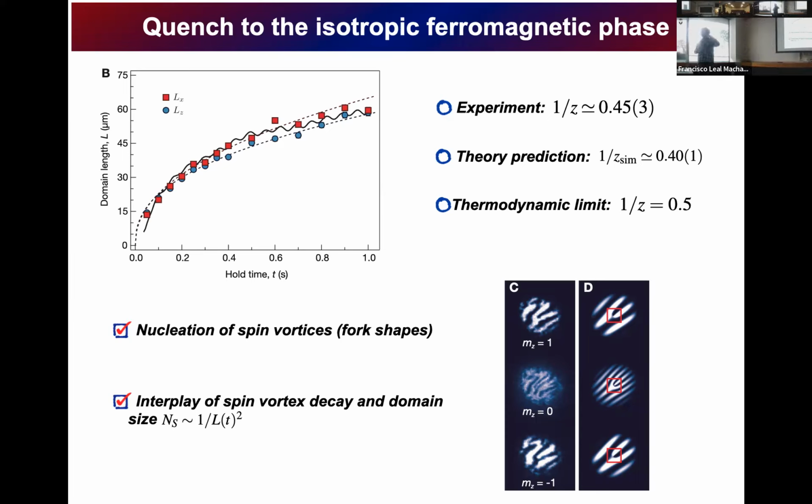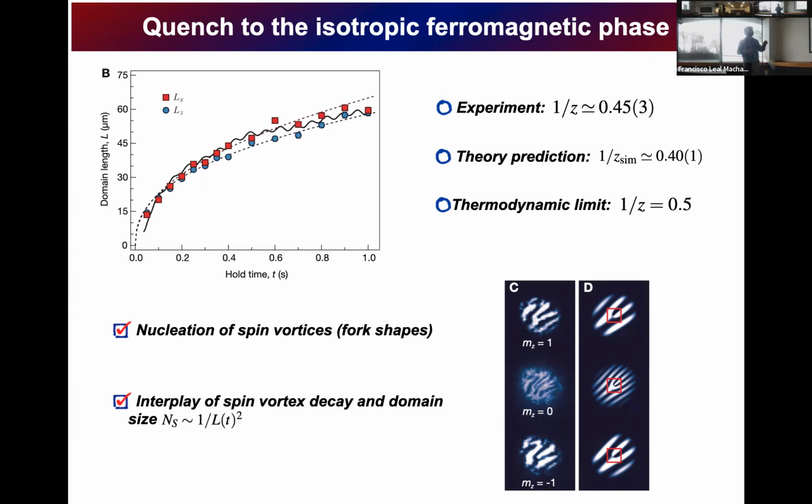You can go to the spin order parameter, find each phase, and then detect all these spin vortices. However, the very important thing here is that if someone calculates the dynamical behavior of the spin vortices, you will see that they decay inversely proportional to the domain size.